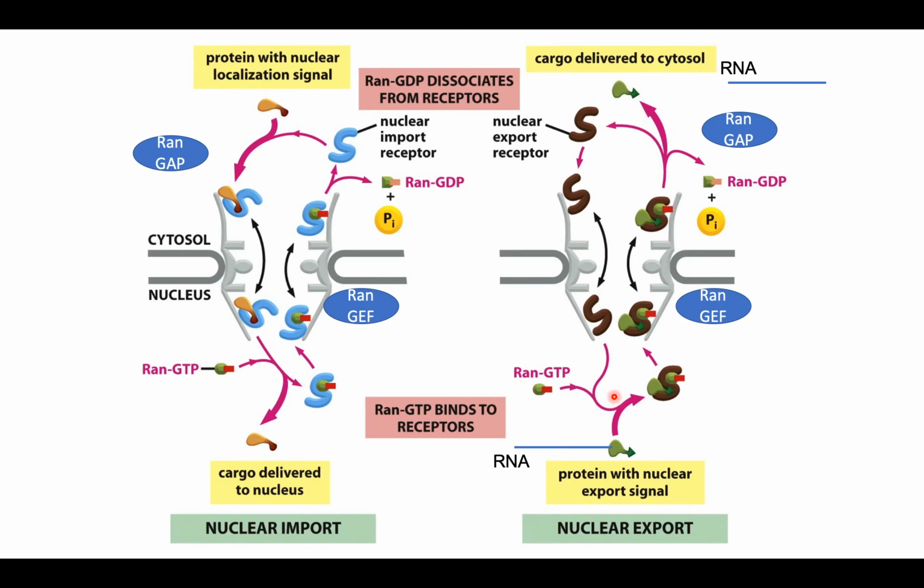Okay, so when we saw with the ER process, with chloroplasts and mitochondria, those had to be unfolded or they were being made as they were being brought in. This mechanism allows proteins to come in or leave fully formed into and out of the nucleus.